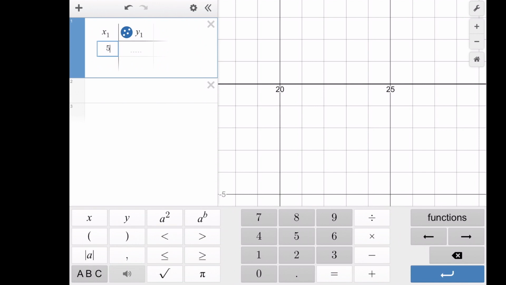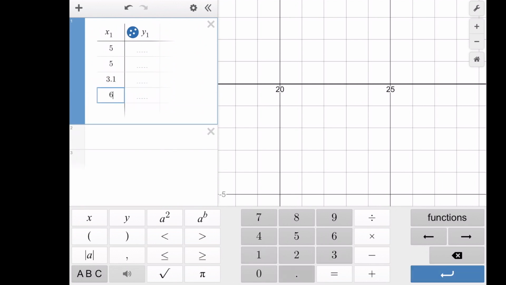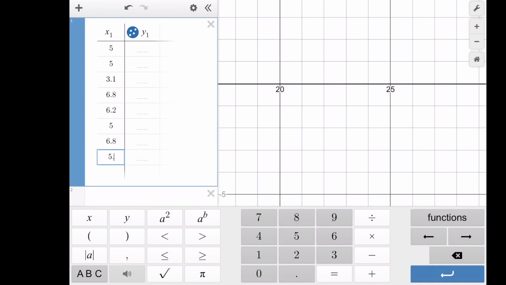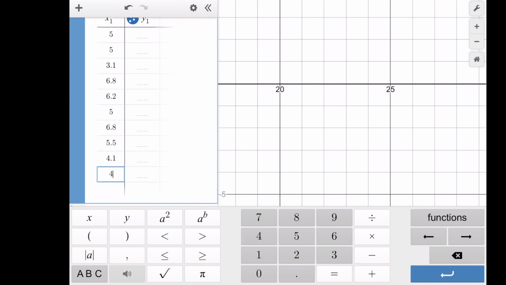So my X's are 5, 5, 3.1, 6.8, 6.2, 5, 6.8, 5.5, 4.1, and another 4.1, 4.8, 1.5, 5.6, and 5.1.